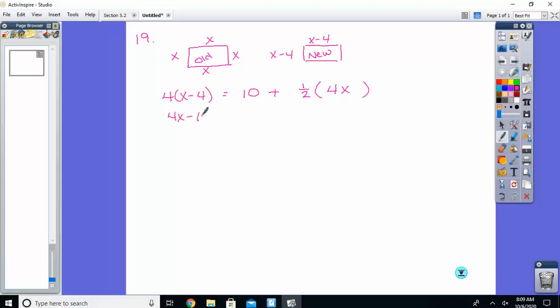So 4x minus 16 equals 10 plus 2x. Subtract over our 2x. Add your 16. Divide by 2. And x is 13. And so then you have to answer with the sentence. The question wanted the dimensions of the original square.